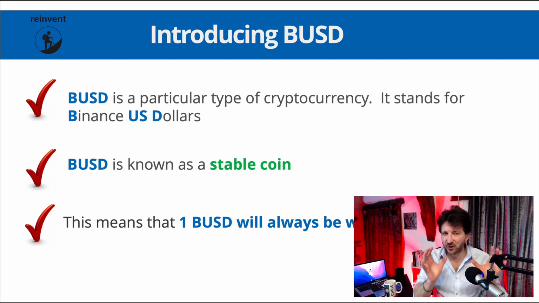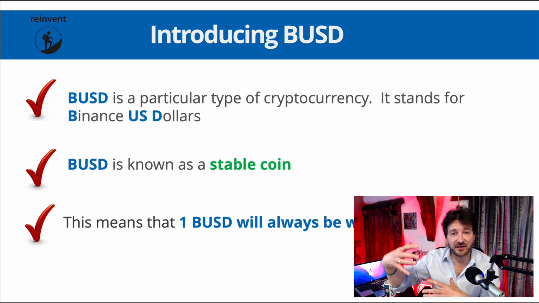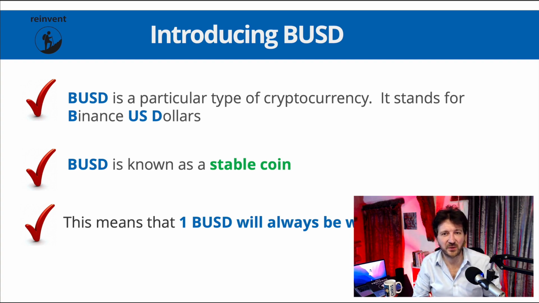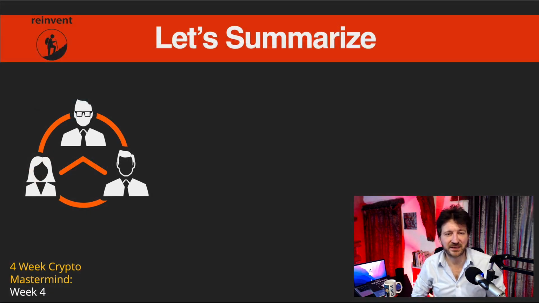So it's actually a really cool thing to know, and a really handy thing to have as well, because you can purchase BUSD at PancakeSwap, store it in your MetaMask, and then if you ever wanted to purchase anything in the future and maybe not trade some of your crypto, then you could just use the BUSD that you have in your MetaMask. So BUSD is essentially digital dollars. It's a cryptocurrency, and one BUSD will always be worth $1, and you can buy BUSD at PancakeSwap.